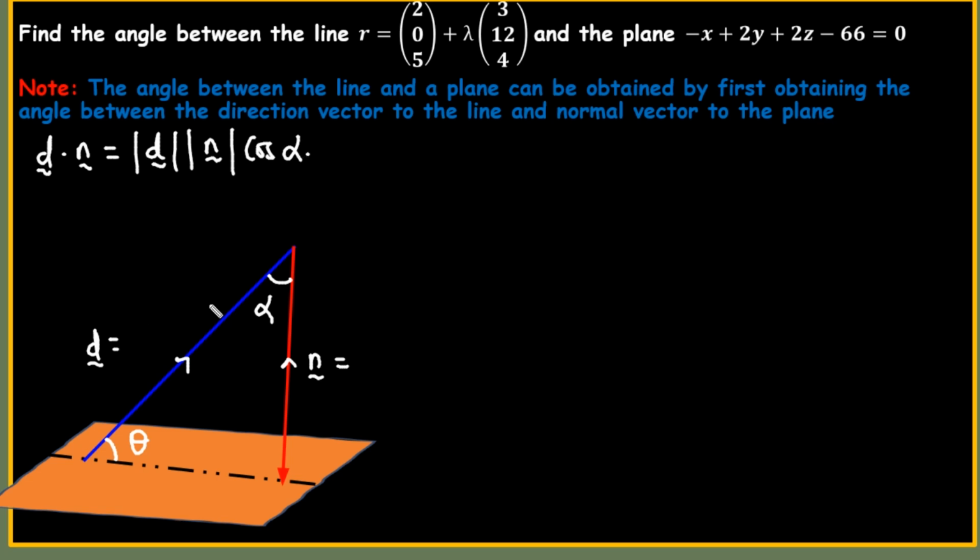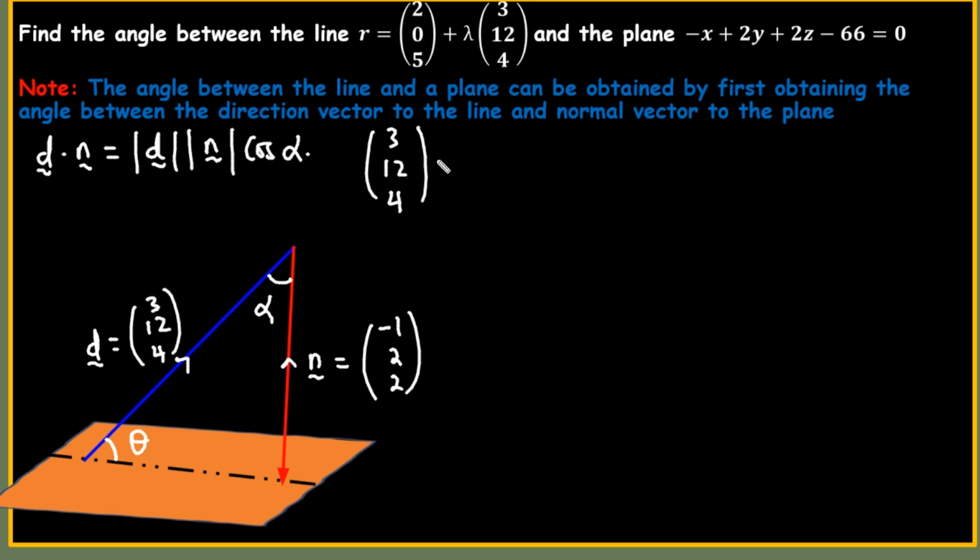But D is equal to (3, 12, 4), whereas N is equal to, we extract out the coefficients on x, y, and z, which is (-1, 2, 2). So afterwards, we substitute. So this is (3, 12, 4) dot (-1, 2, 2).